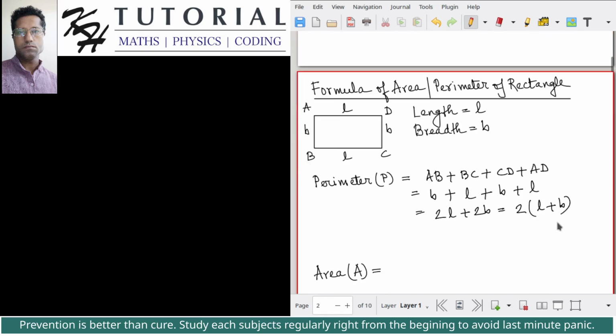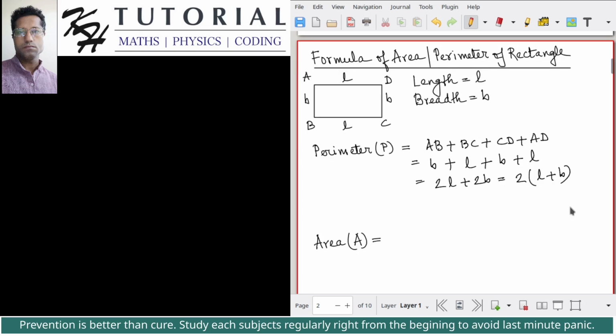Okay. So for the perimeter of a rectangle, we see it is 2 into length plus breadth. So the perimeter P of a rectangle is 2 into length plus breadth. This is the formula of perimeter of a rectangle. What will be the area?